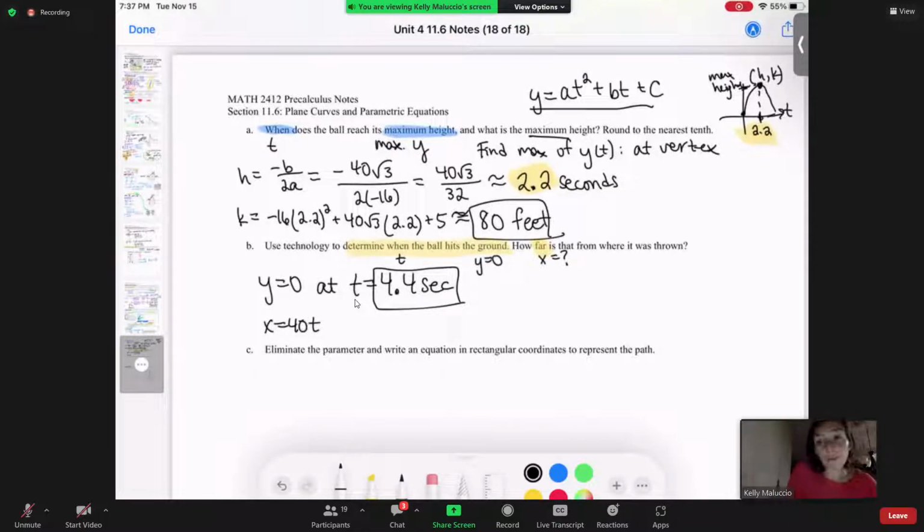So if it's about 4.4 seconds, we'd say 40 times 4.4, and that's going to tell us the distance X, horizontally, right? So this is about 176 feet. Or at least that's what we're calculating here. And again, if you used 4.25 or whatever, maybe you get slightly different, but around 170 to 180, something like that, right?